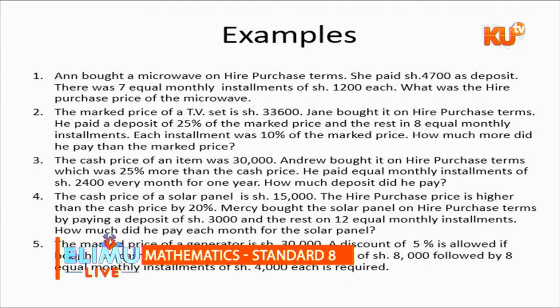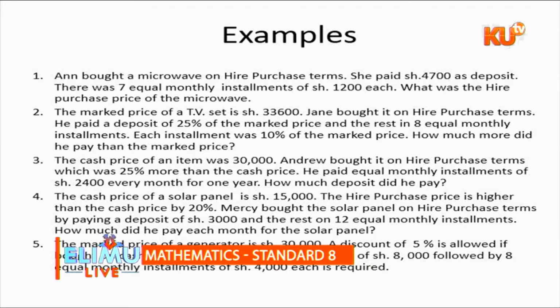Very good. So the first thing I've said, you read the statement or whatever you have been given, and then number two, try to break down in form of sentences. Read a sentence after the other and write down what they have given you. We start with the first sentence. Anne bought a microwave on hire purchase terms.